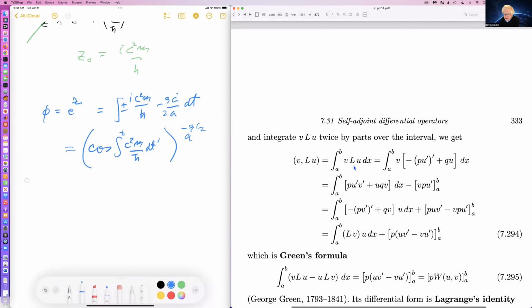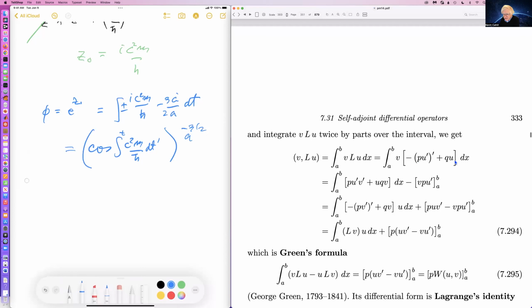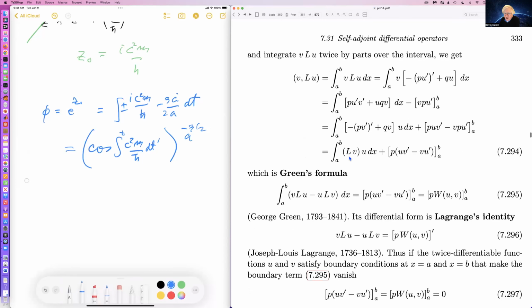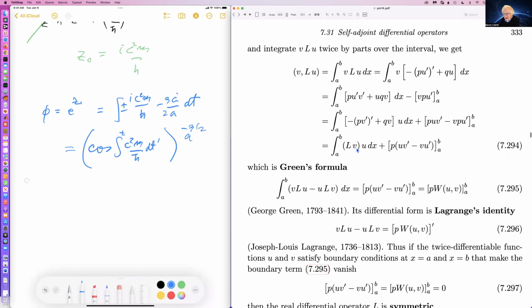And so substituting for L, we have this. Now, if we integrate by parts and massage like this, what we find is that V L of U is L of V times U plus this thing here.